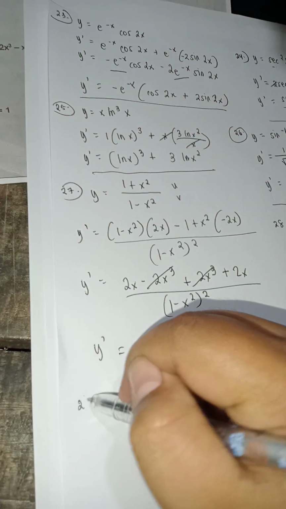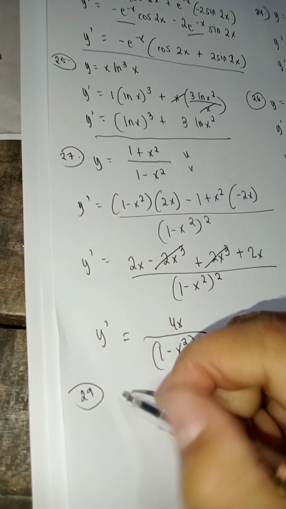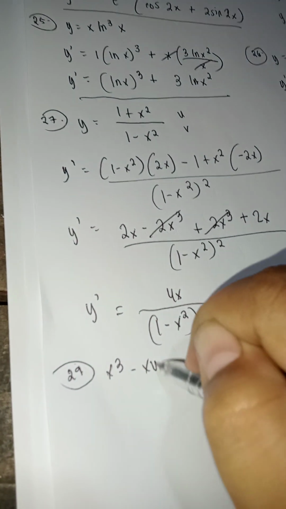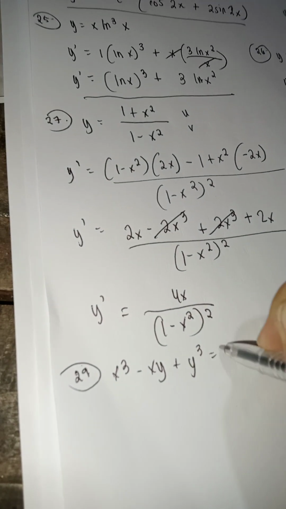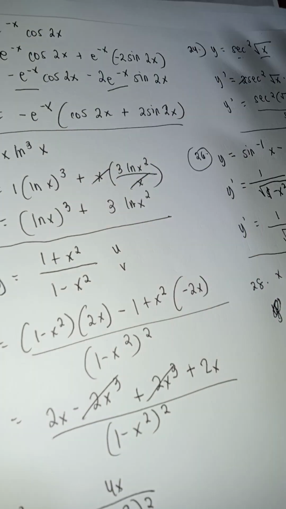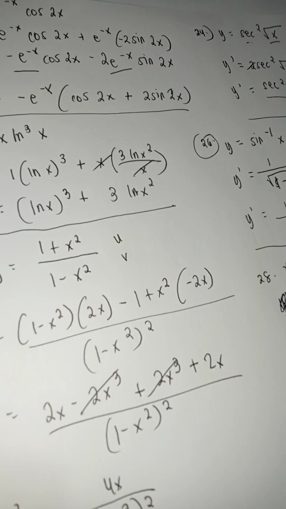Number 29. 29 is x cubed minus xy plus y cubed is equal to 1. So we are going to differentiate it implicitly again.